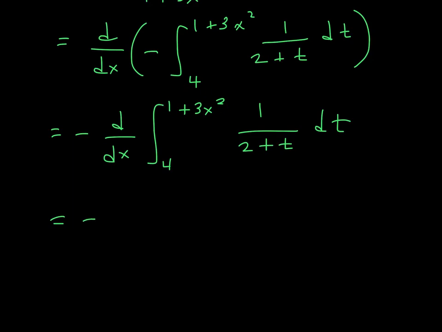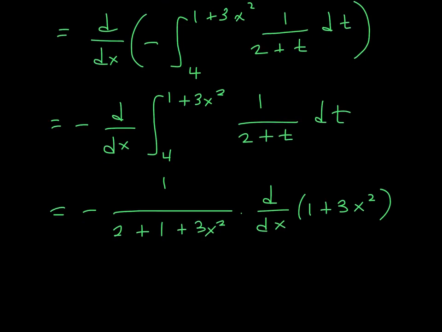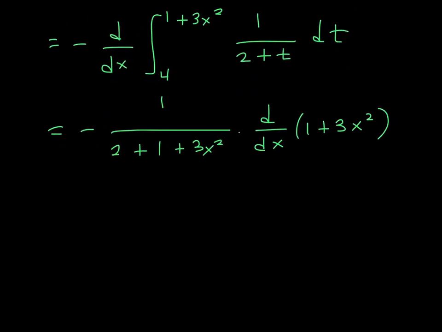All right, so then it is negative, and then we have 1 over 2 plus, now here we go, I'm going to replace this t right here with this upper limit. So it's 2 plus 1 plus 3x squared, times the derivative of the upper limit 1 plus 3x squared, because this is the chain rule. So now it's just some simplifying.